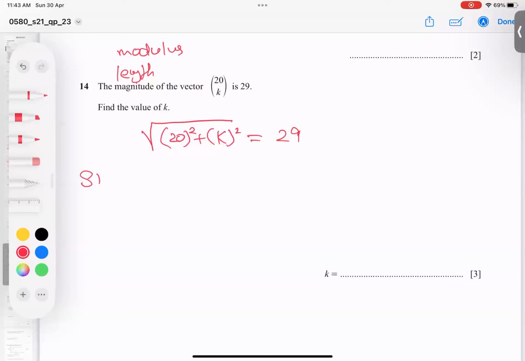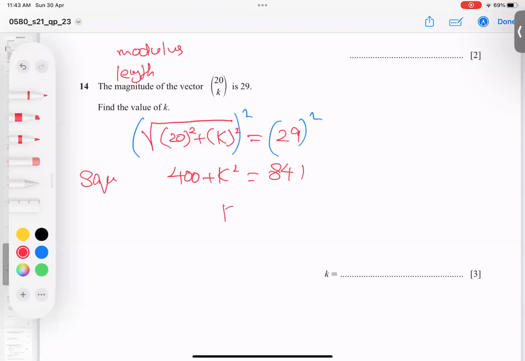Now squaring both sides, inside I get 400 plus k to power 2. When I square both sides, the power 2 and root are gone, and here I get 29 squared. 29 squared is 841.